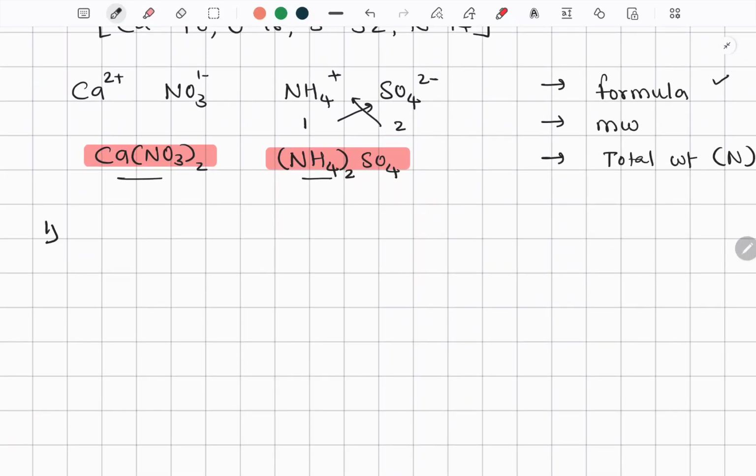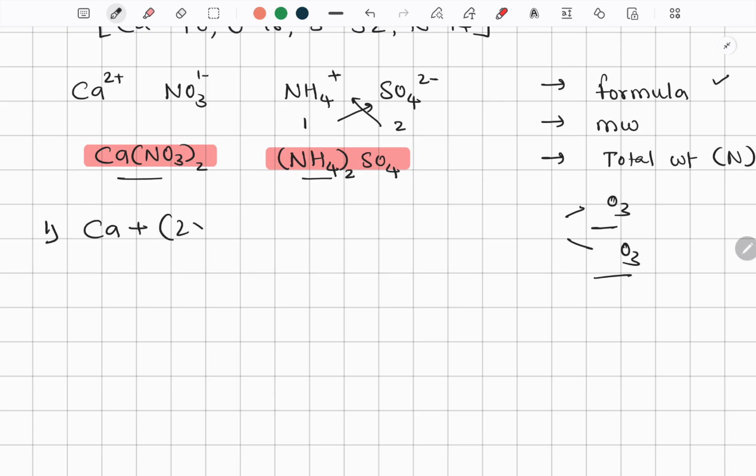The molecular weight of calcium nitrate is nothing but Ca plus, now see, it's simple. Ca(NO3)2 means NO3 over here as well and NO3 over here as well. So we have 2 NO3. Basically one calcium, and there are 2 nitrogen.